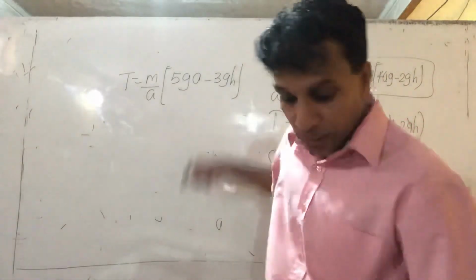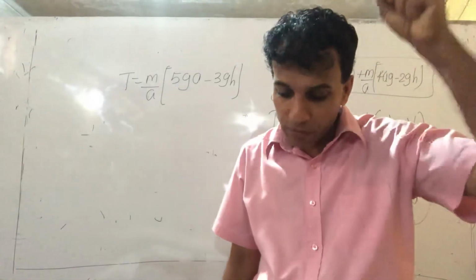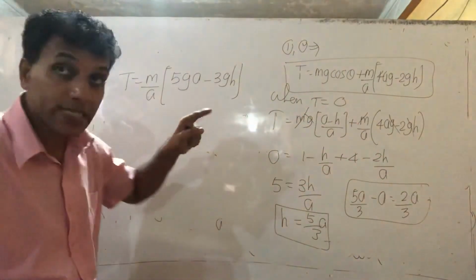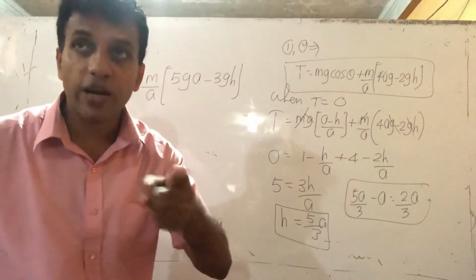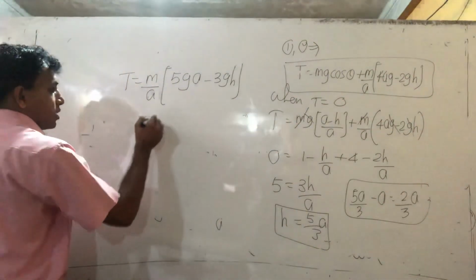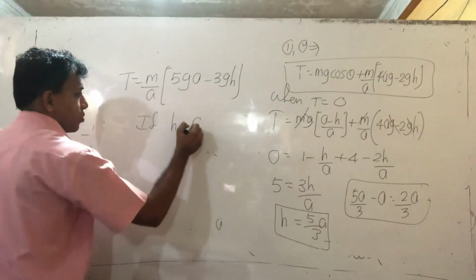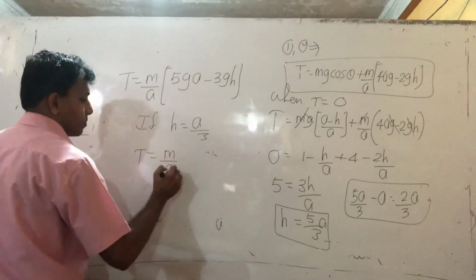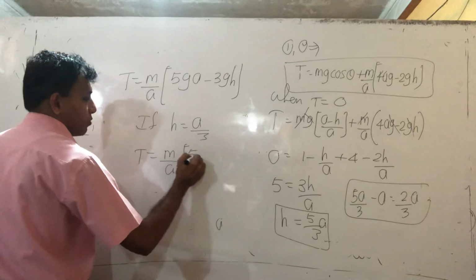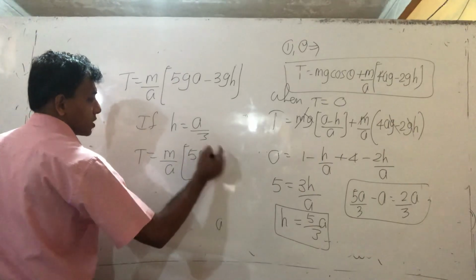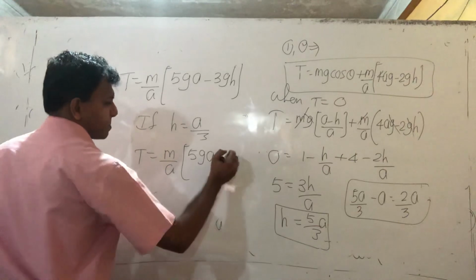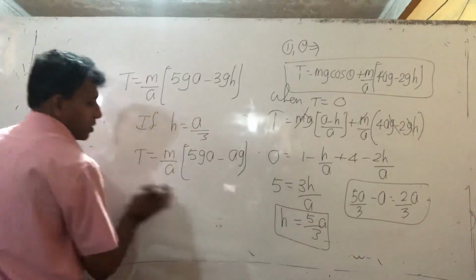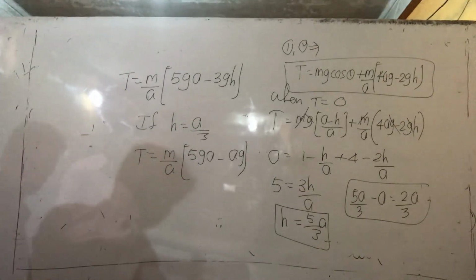If the height is a by 3 from O, then when h equals a by 3, put h as a by 3 and find T. T equals m over a times 5ga minus 3h, and 3h is a, so 5ag minus ag, 4ag, so a cancels.